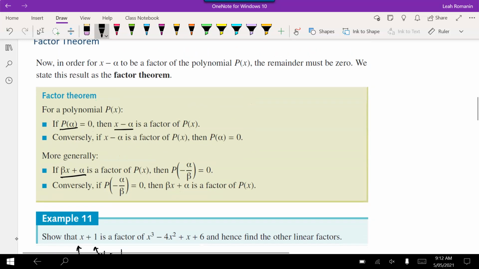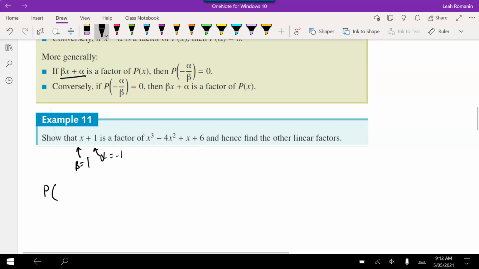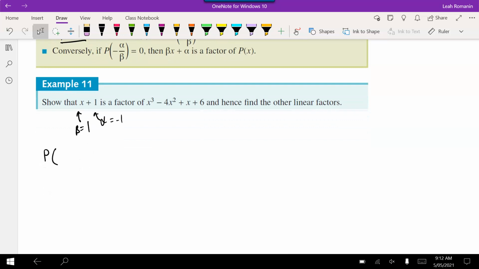So what I'm going to be following here is my P of alpha. If P of alpha equals 0, then x minus alpha is a factor. I'm wanting to show that x minus alpha is a factor. So my alpha is negative 1. I'm going to substitute that into my equation to show that x plus 1 is a factor.